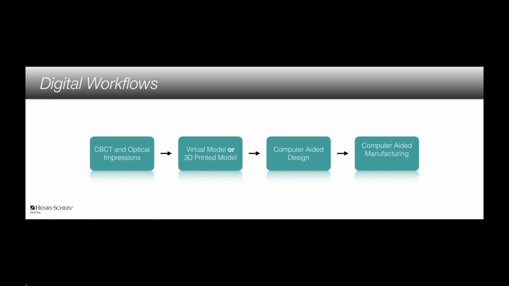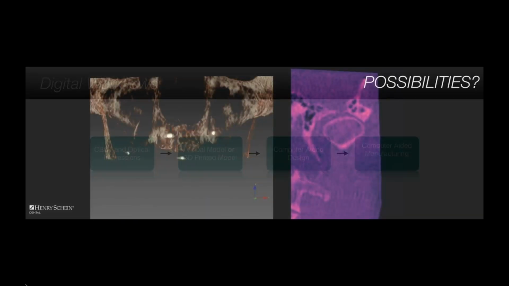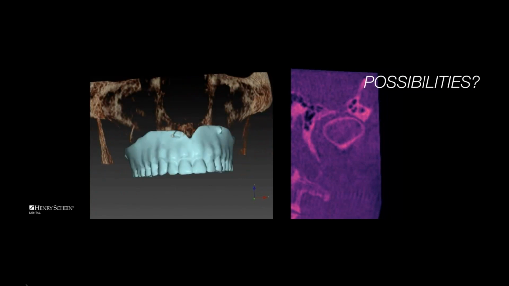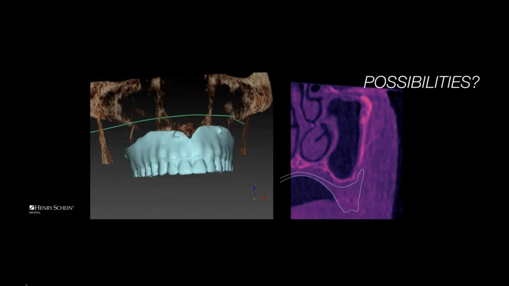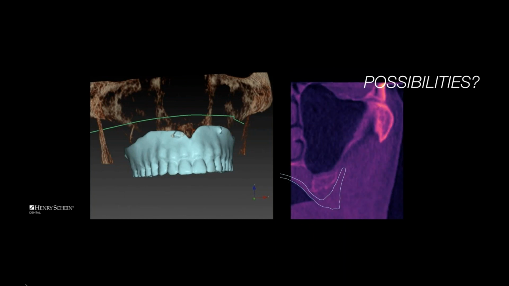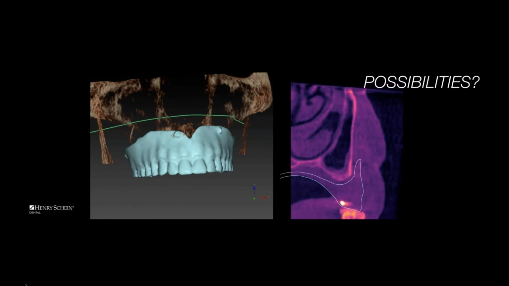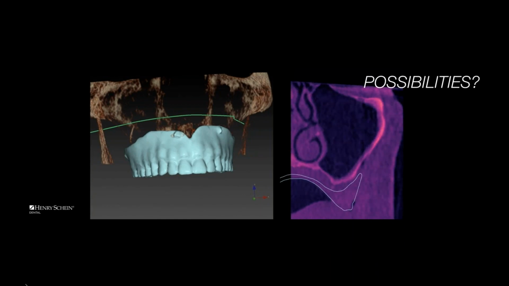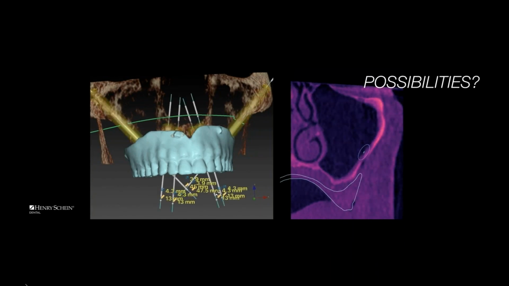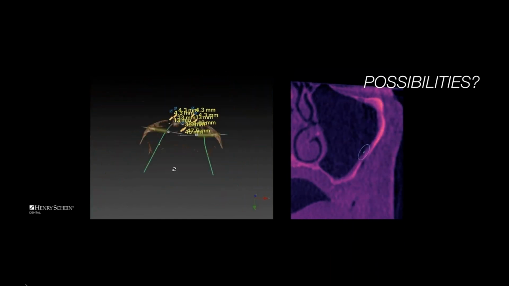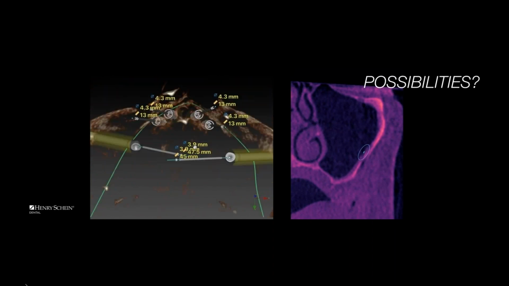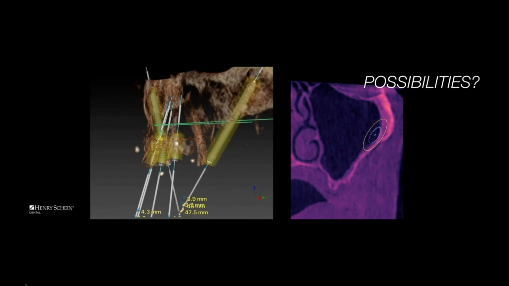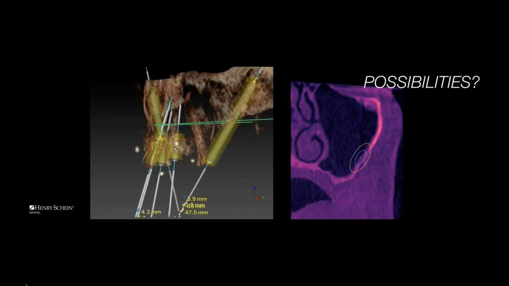So when we look at where we are today, this is some of the possibilities we have, especially when we look at something like a cone beam CT. Look at what we can do with that information today, where we can bring in things like our teeth and know exactly where the tooth position is with respect to bone, and then plan accordingly. In this case, you're looking at the planning of zygomatic implant placement with 4 conventional length implants in the anterior maxilla.